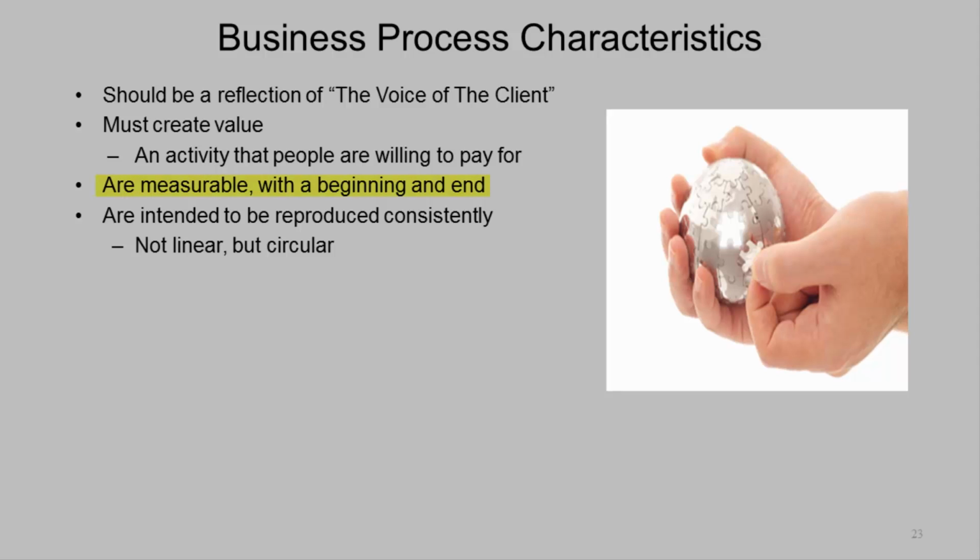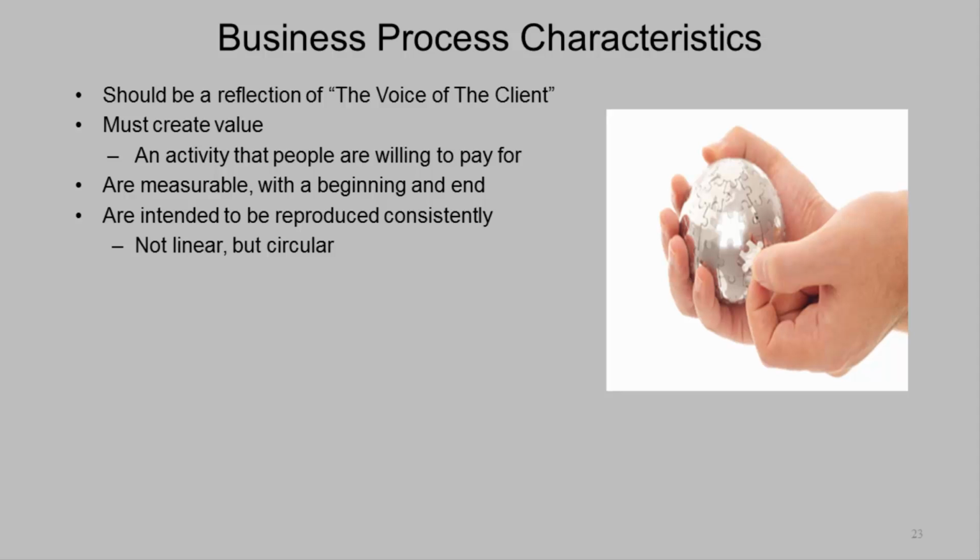Business process characteristics are indeed measurable, and they always have a beginning and an end. Because of that, they are intended to be reproduced consistently, not in a linear fashion where you have to reinvent the wheel every time you create an order, for example, but circular, which means it can be done over and over again.